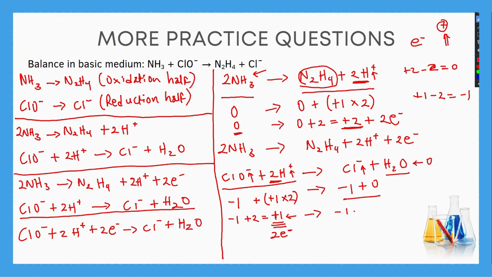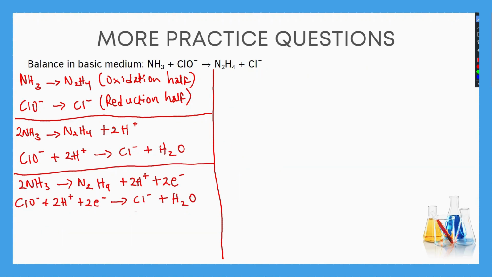So now the next step is to make sure that the electrons are equal in both equations. So let's do that very quickly. Now at this junction, we want to make sure that the electrons are equal in both half reactions. On the left-hand side of the second equation we have 2 electrons. On the right-hand side of the first equation, we also have two electrons. So there is no need to take any step to make electrons equal because they are already equal by default, which means these two electrons over here can cancel these two electrons over here.